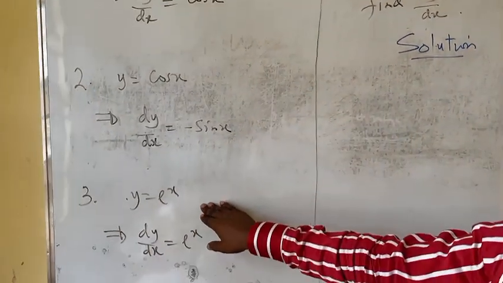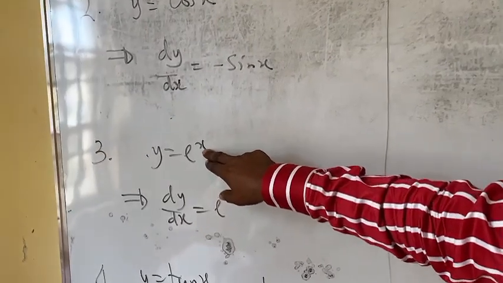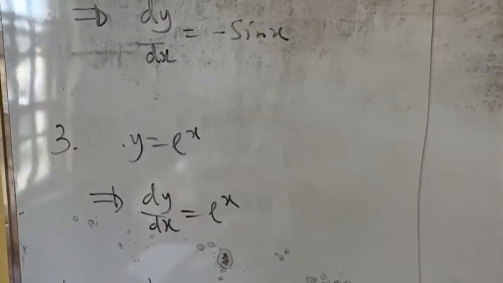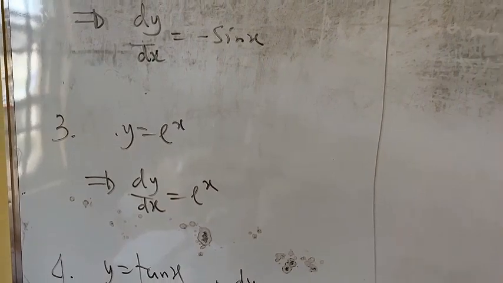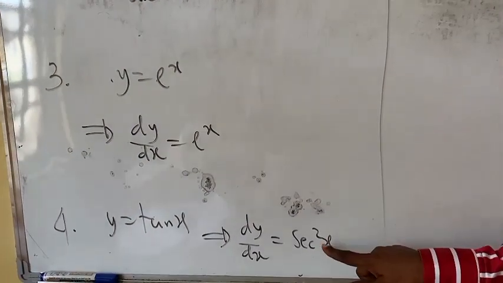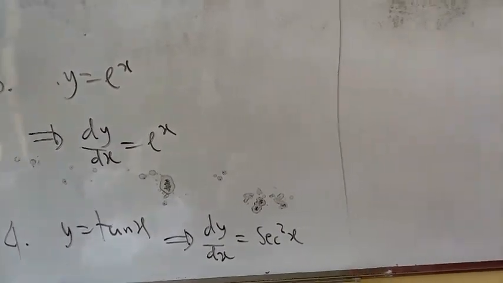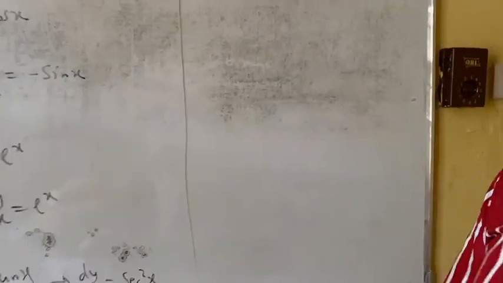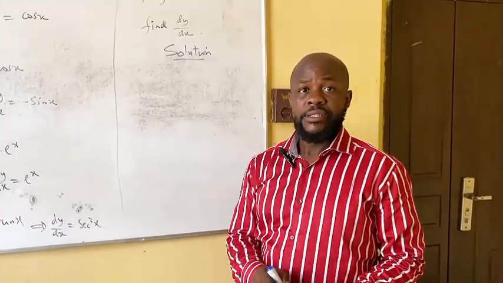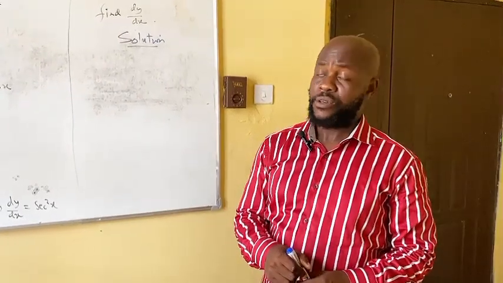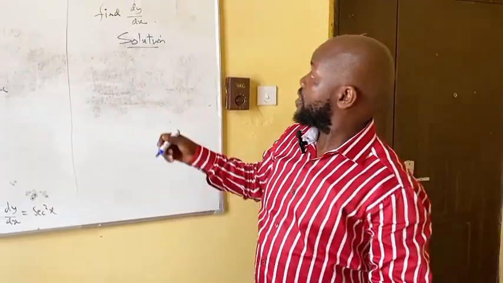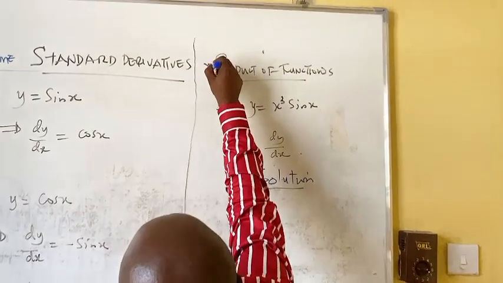The same thing, the derivative of the exponential of x is the same exponential of x. If you differentiate tan x, the result is sec squared x. These are some of the standard results that will guide us to differentiate other functions that we'll discuss in due course. The first one we need to consider here is products of functions.